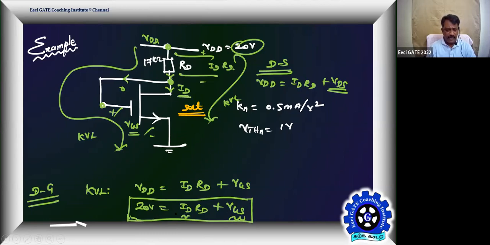You can solve for ID, but as I told you, it's a field effect transistor, so always make your problem solve for the voltage only instead of the current, because with the current, it's not easy to discard the wrong root, because it is again going to be a second order equation. If the ID equation gives two roots, you should be in a position to discard the wrong answer, correct? That may not be easy.